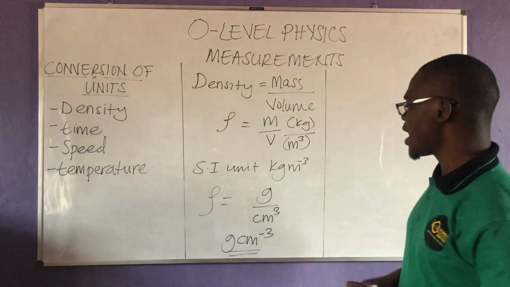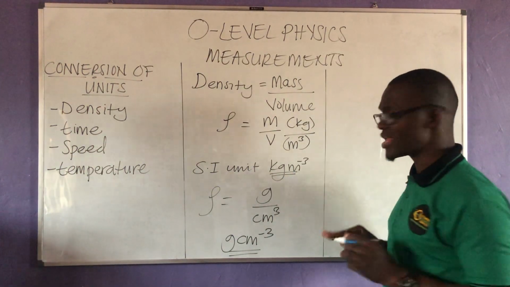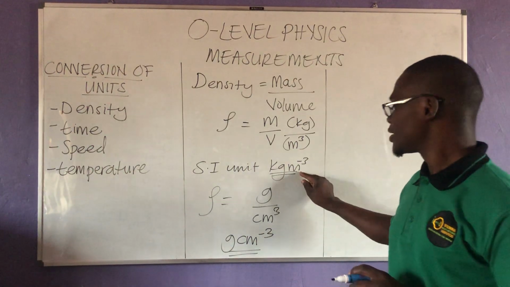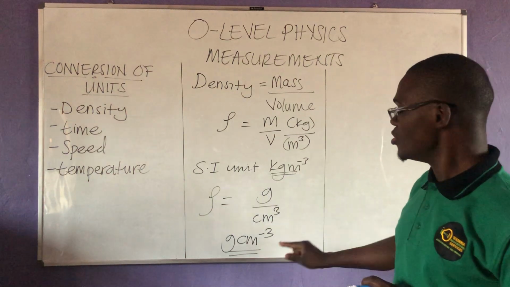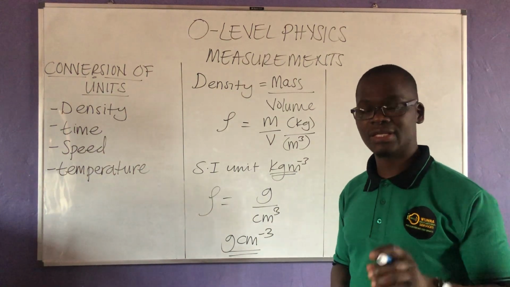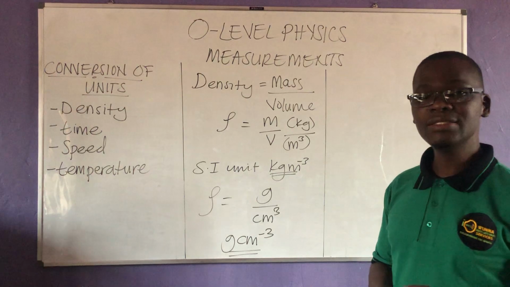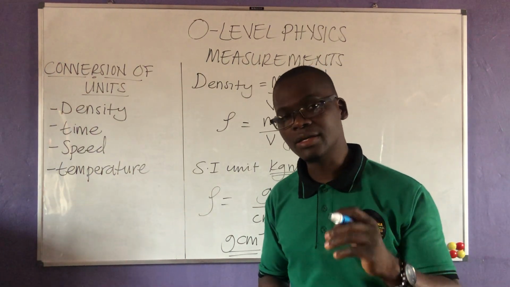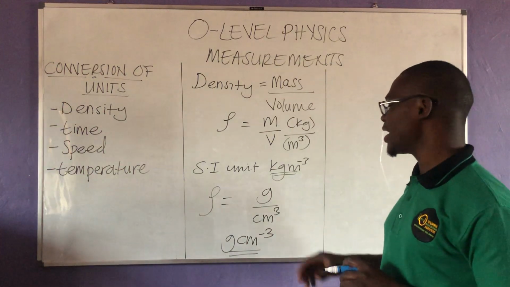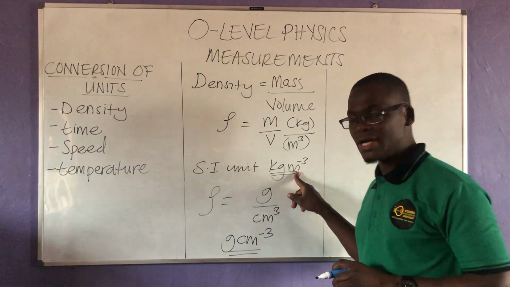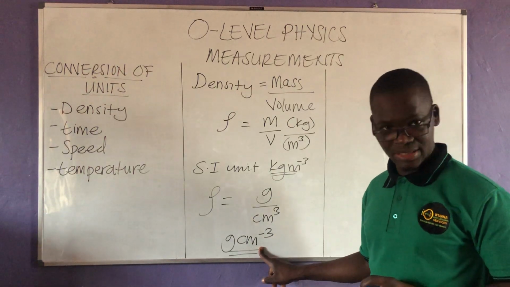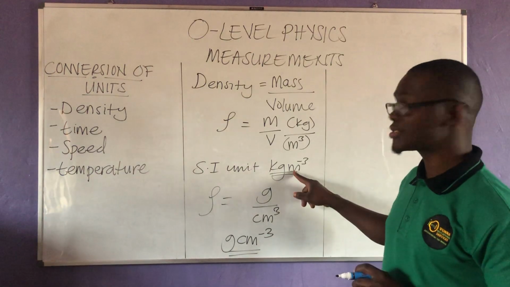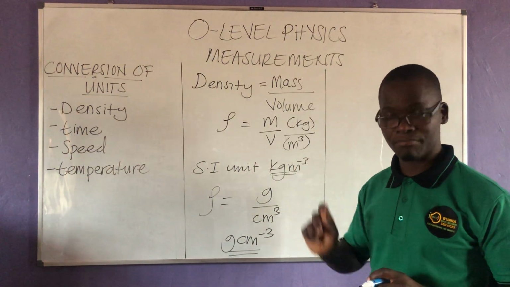So those are the two commonly used units of density. You can use kilogram per cubic meter or grams per cubic centimeter. So in today's video, we are interested in knowing how we convert from kilogram per cubic meter to gram per cubic centimeter, or from grams per cubic centimeter back to kilogram per cubic meter.